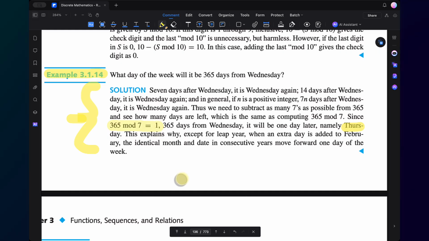So it's 1, it's not a 0. If it were 0, then for example 364 days from now would be a Wednesday. So 365 days from Wednesday, it'll be 1 day later, or Thursday. That's what that 1 tells us.